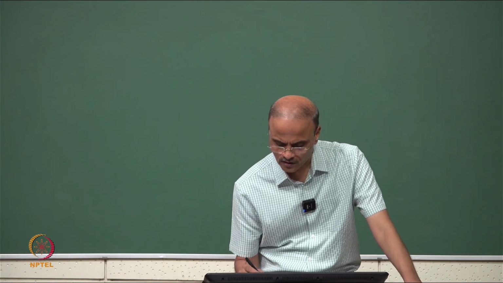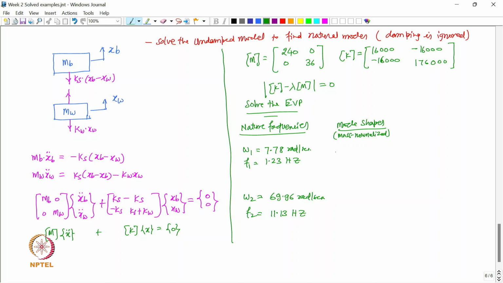That is the convention we have been using: phi is the mass normalized eigenvector, and psi is the one which is not mass normalized, or with arbitrary scaling. So, this is what we are calling phi.